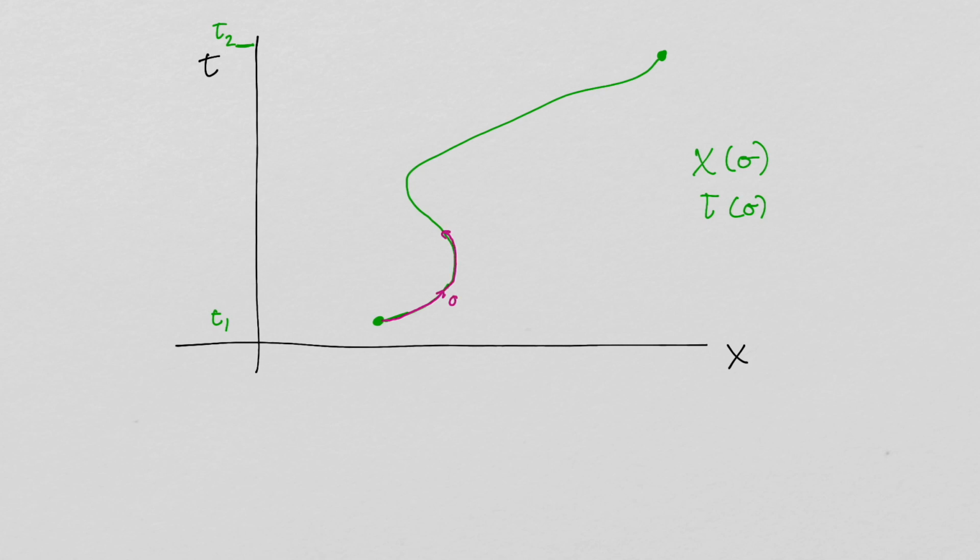So that would be, say, sigma 1 and sigma 2, and sigma 3 gives you this value. For example, x of sigma 2 is this value right here, and t of sigma 2 is that value right there. It's just the coordinates of this point along the world line.